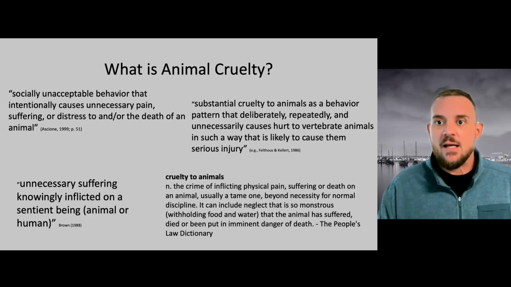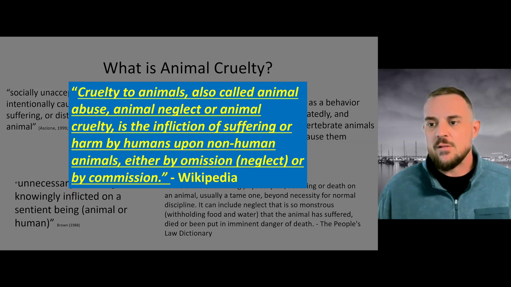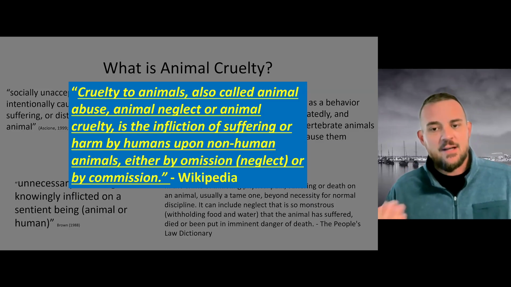In my life, I do not typically tell people to go to Wikipedia to get information, but in my unending search for the best way to succinctly define what animal cruelty is, Wikipedia is actually the one that I have found that I like the most.